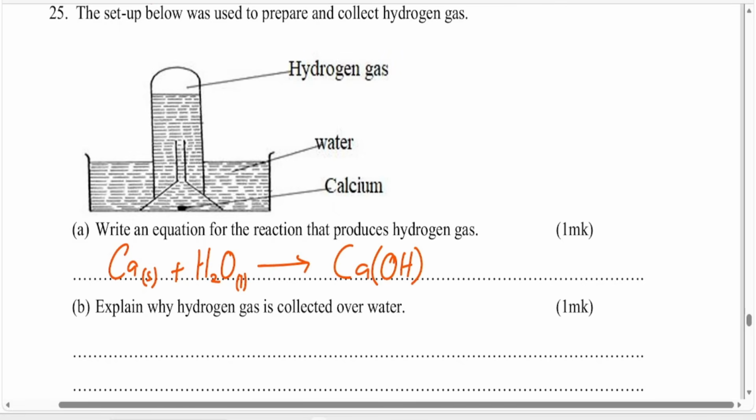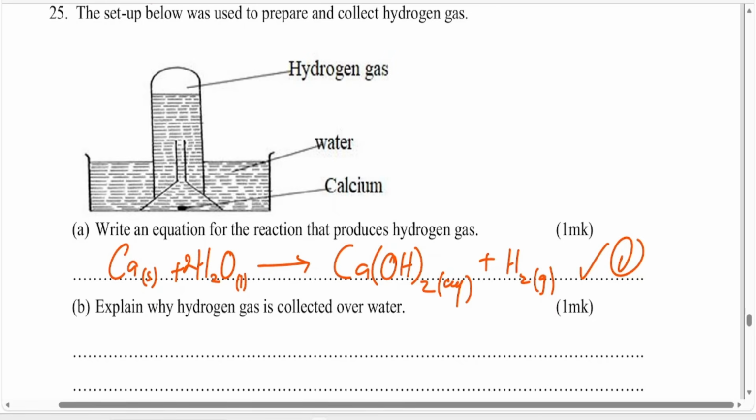Considering the valencies, we have 2, and this is an aqueous solution, and we obtain hydrogen gas as well. So we balance the equation by putting a 2 on water, and the equation balances out. So this gives you 1 mark. So any other time you are reacting a metal and water, you always produce a metal hydroxide and hydrogen gas.